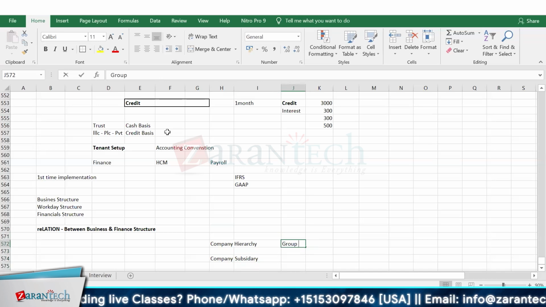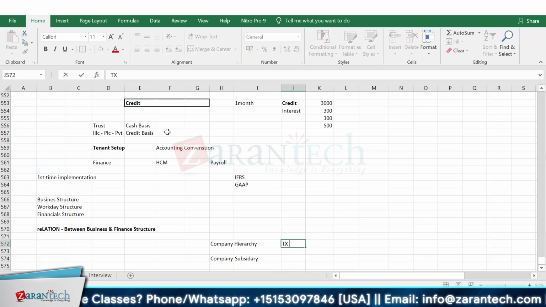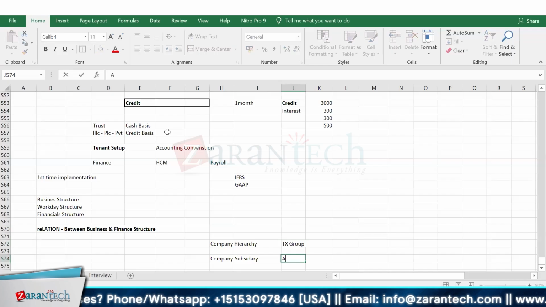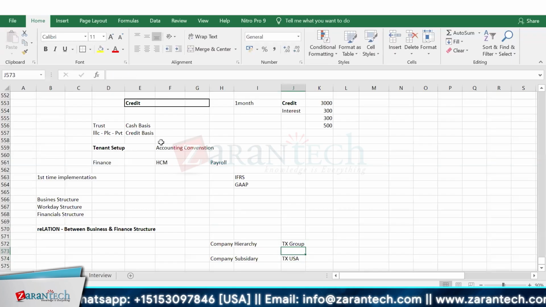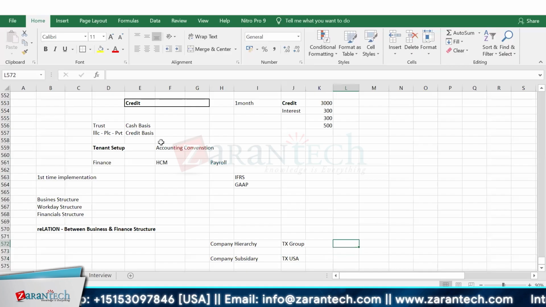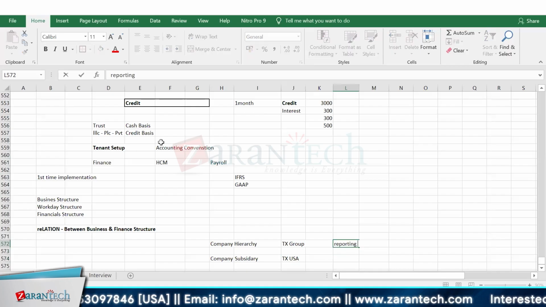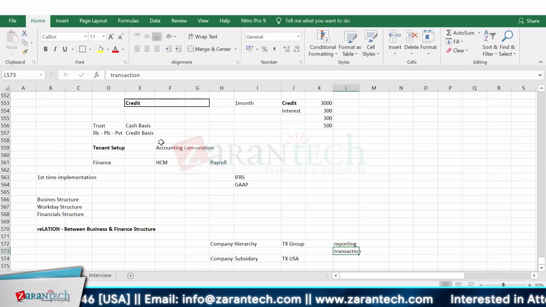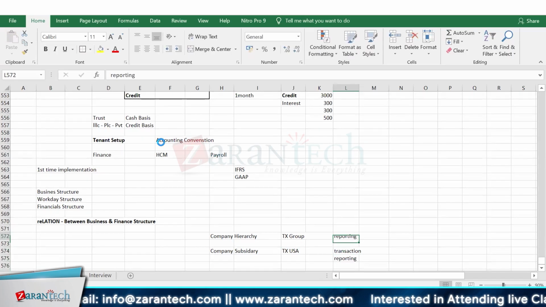So in my case I have TX group, that is main and company hierarchy, whereas the main company is TX USA. The company doesn't have it because yes, SK was right that we are reporting here, not the transactions. Here at this level, we are having transaction and reporting both, whereas at the hierarchy, we are having only reporting.